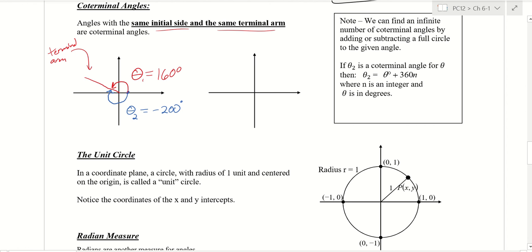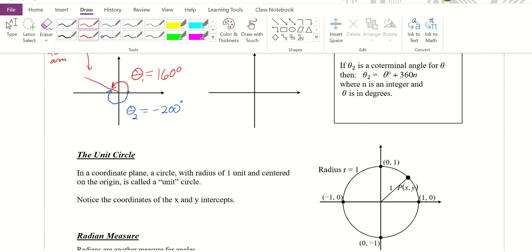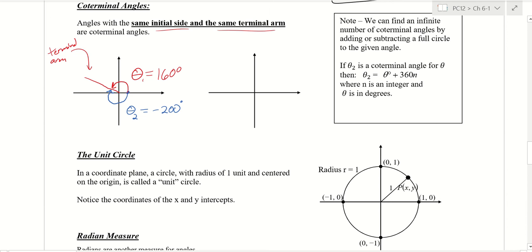We can do another example showing you a different way that angles can be coterminal. So let's do one in quadrant 1 here. So if we do an angle in quadrant 1, let's make this roughly 60 degrees. So here we have a 60-degree angle.